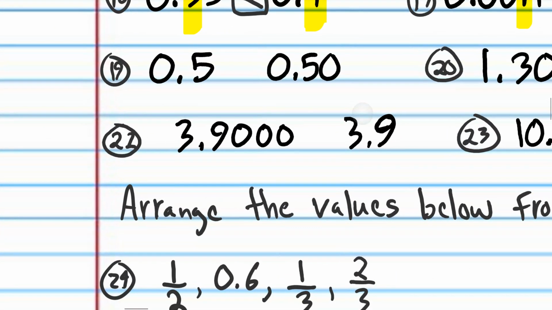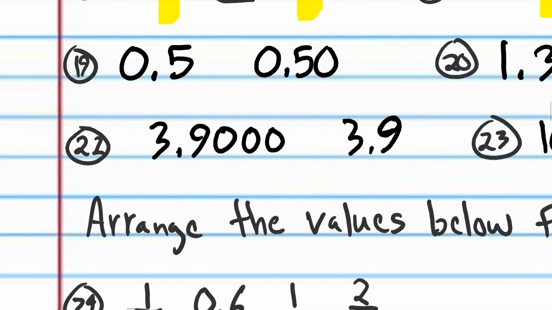And this is a special case where I'm trying to trick you by writing this 0 here. But remember that ending zeros can just disappear when they're to the right of the decimal, because this is 5 tenths and this is 50 100ths.